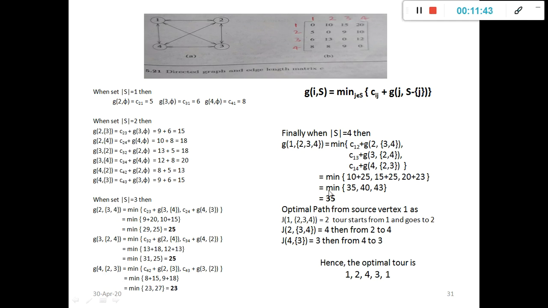Finally, 10 plus 25 is 35, 15 plus 25 is 40 and 20 plus 23 is 43.